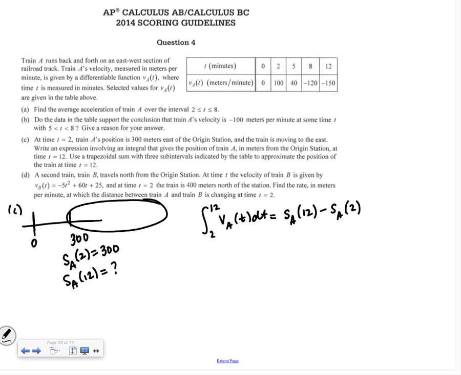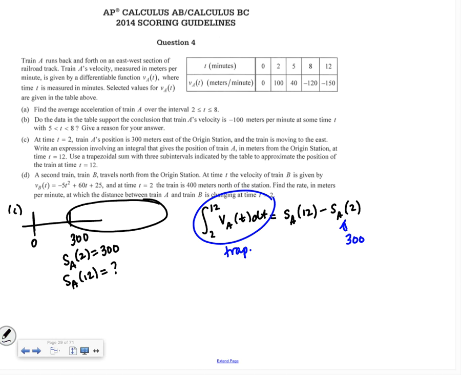When we just have a random t value, so it's set for any time t, then a lot of times the AP test will write s sub A of t equals 300 plus the integral from 2 to t of v sub A of x dx or something like that. So this one we actually do have the number though. We know we're evaluating at 12, so I would just set it up like that. All right, so this part we're going to find with the trapezoidal rule, and this part is already 300.